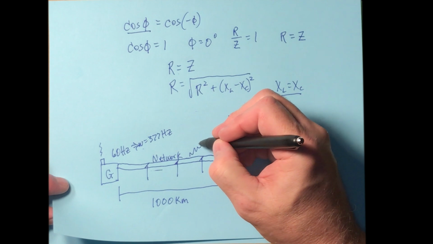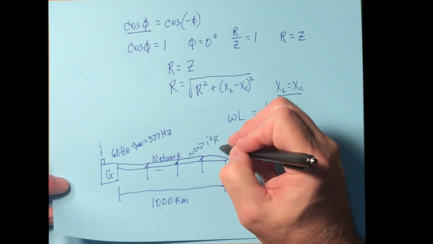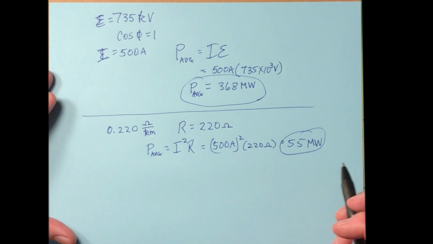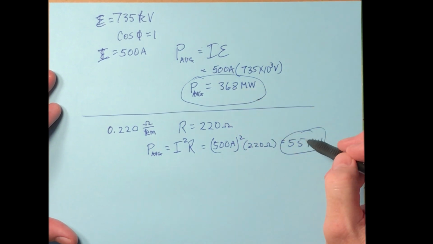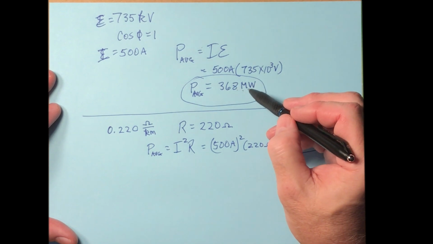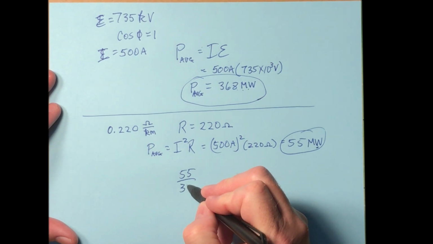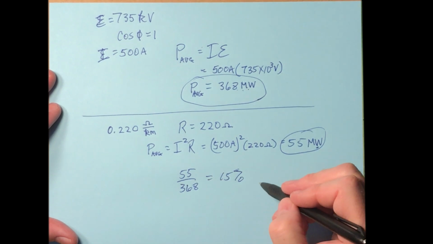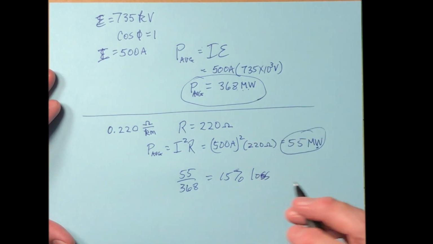So remember, heat is dissipated by the resistance of the wires at a rate of I squared R, as long as we're talking about RMS values, and by the way, all of these are RMS values. But look, we have 55 megawatts of power lost of the 368 that's produced. If you take 55 divided by 368, that's 15%.